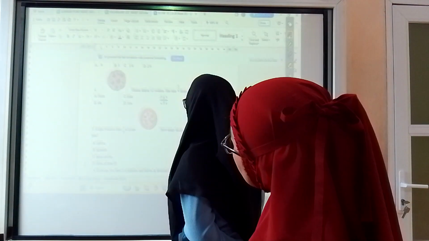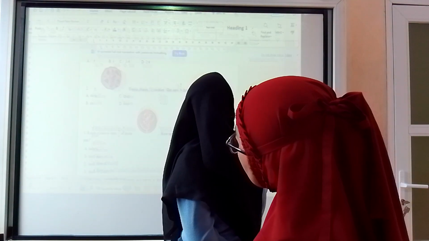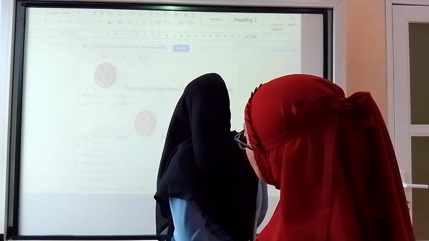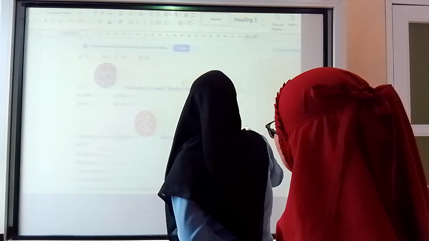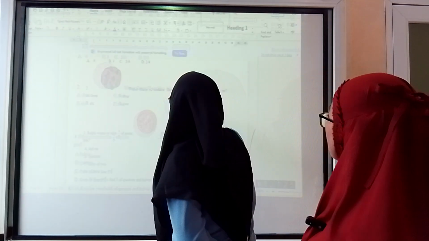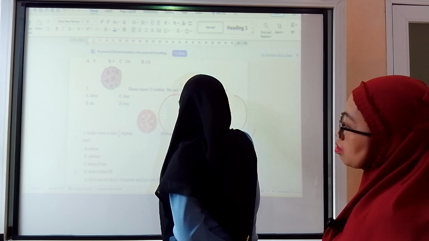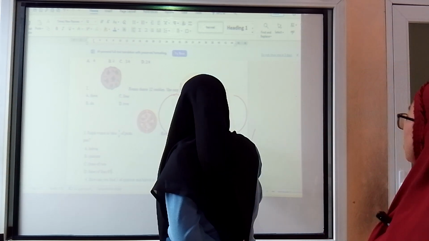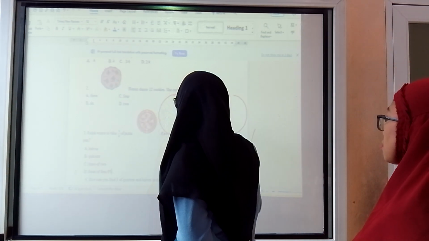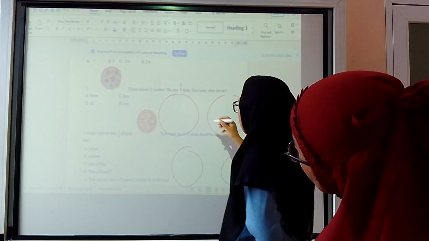So if they want to group it, because it's a quarter, they have to group it into 4. And after that, there are 12 cookies here, so they have to put the cookies in each part equally.